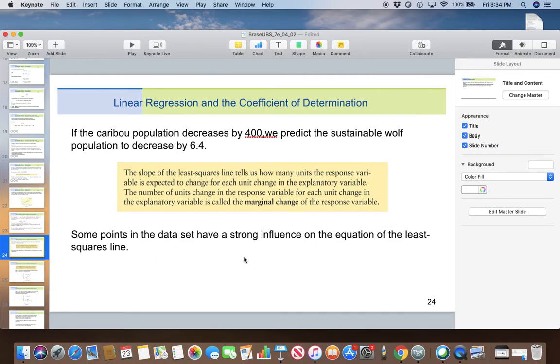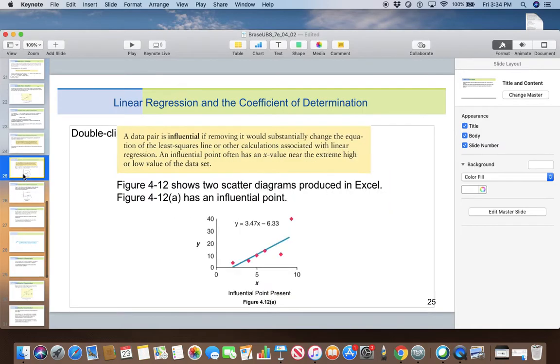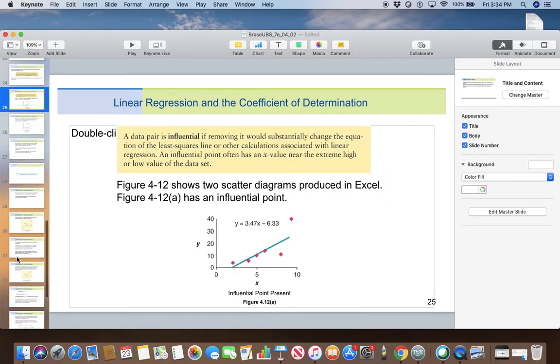Some points in the data set have a strong influence on the equation of the least squares line. For instance, a data pair is said to be influential if removing it would substantially change the equation.